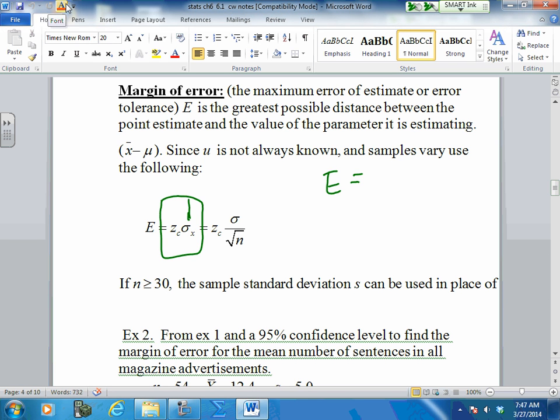This is your standard deviation for your sample. This is this guy. So what we do is this: ZC, your population standard deviation over the square root of how many are in your sample. This is your sample. This is your population standard deviation. This is what we just found, your z-score for your confidence interval.